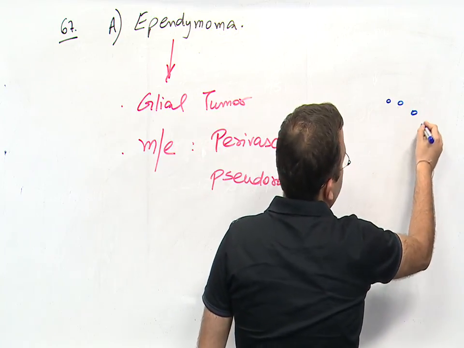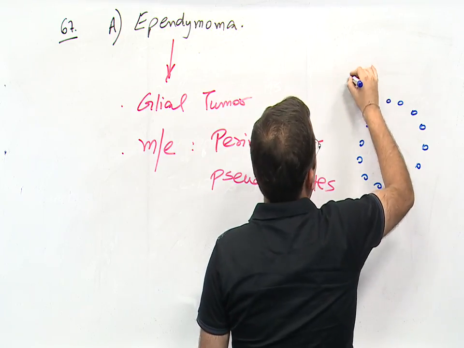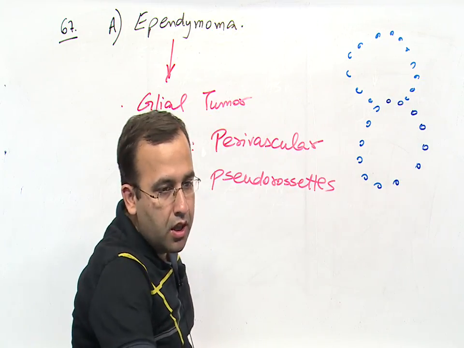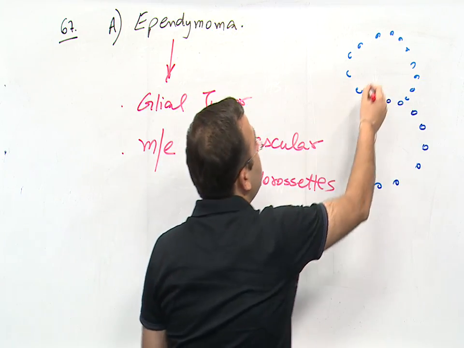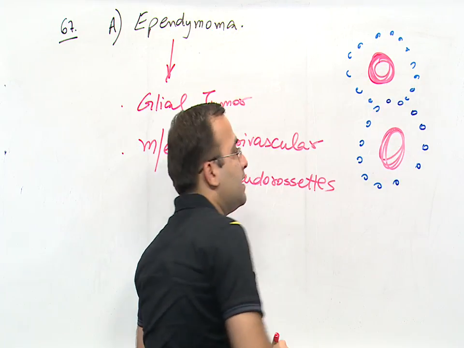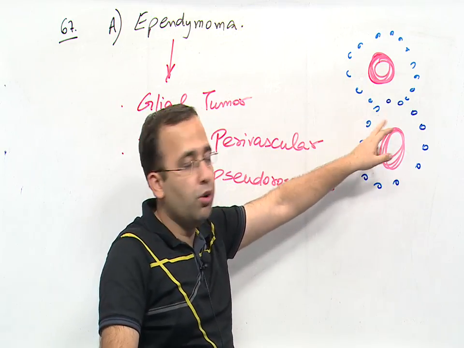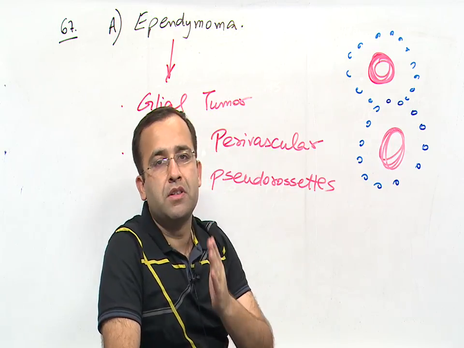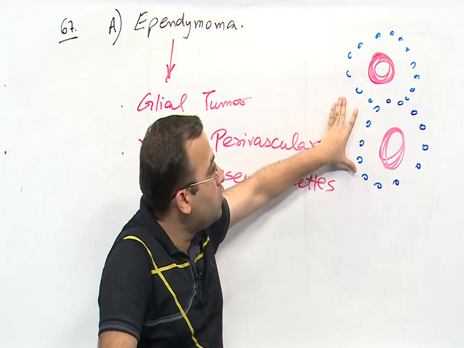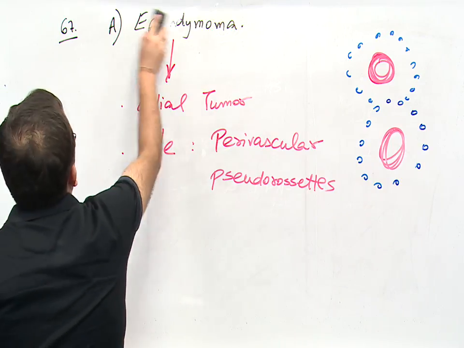You will have cells arranged in a rosette, that is, a round cluster of cells with a central blood vessel. This is a perivascular rosette. It is not a true rosette because a true rosette has a lumen, not a vessel. This is a pseudorosette because it has a central vessel. Next.